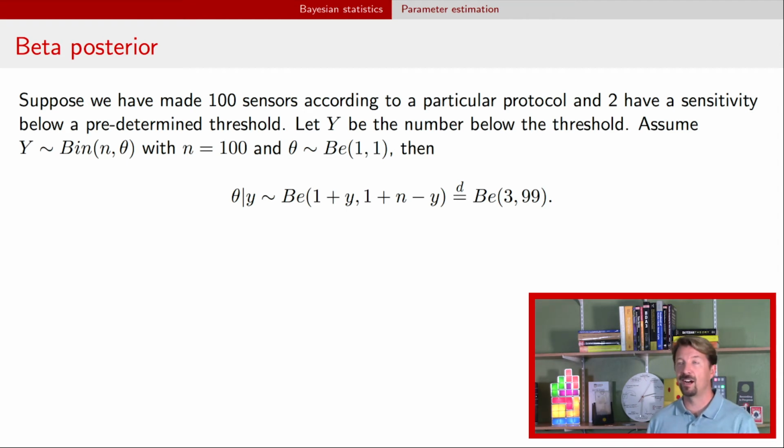That first parameter is 1 plus y, so the number of successes plus 1. The second parameter is n minus y, the number of failures, so add 1 to that. And so we can think about the first parameter of the beta as being related to the number of successes, and the second parameter as being related to the number of failures.